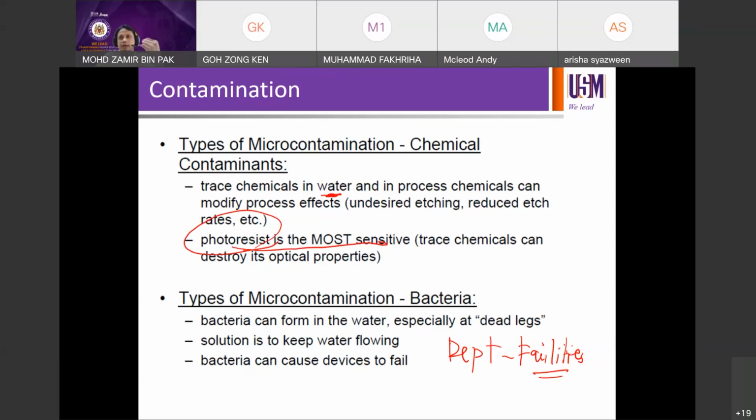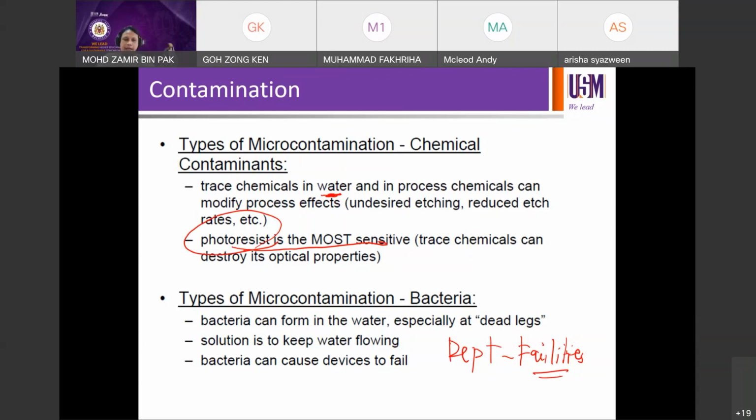So it will respond to a certain illumination wavelength, where it's designed to respond in order to induce certain reactions on the wafer in order to form the layers that you want, right? The structure, the features that you want. So polymer, light sensitive polymer compound. So it will respond to a certain wavelength only, depending on the lithography equipment that we're going to discuss later on.